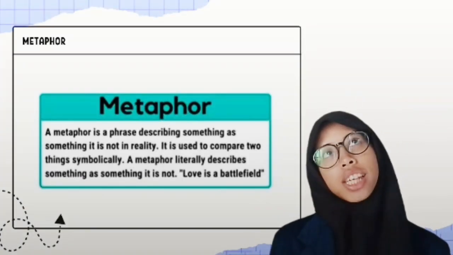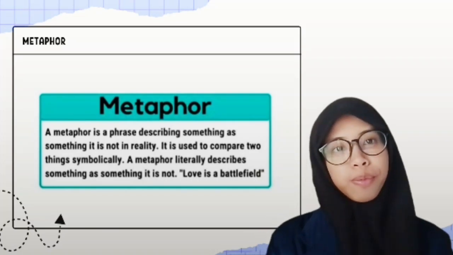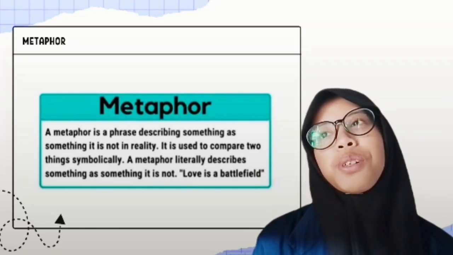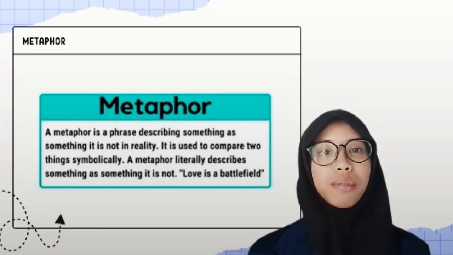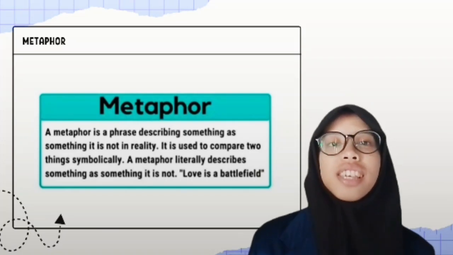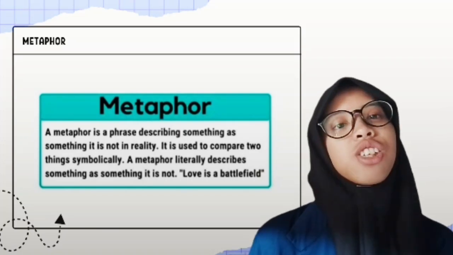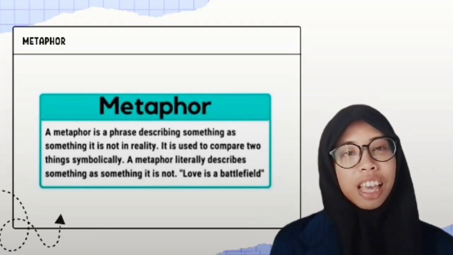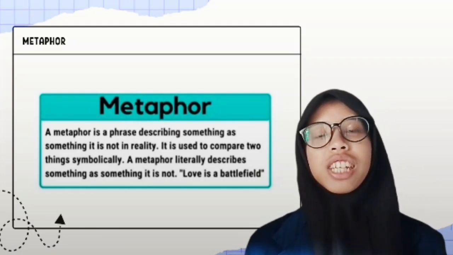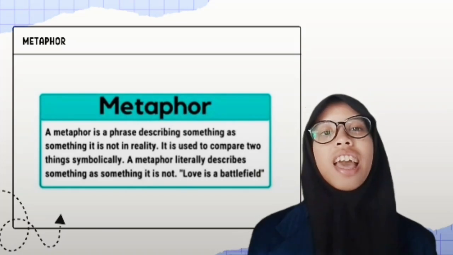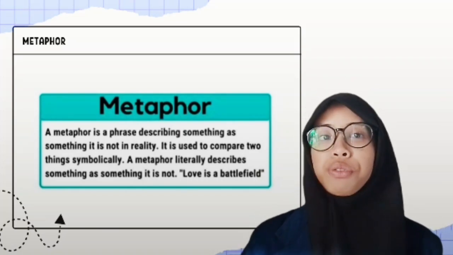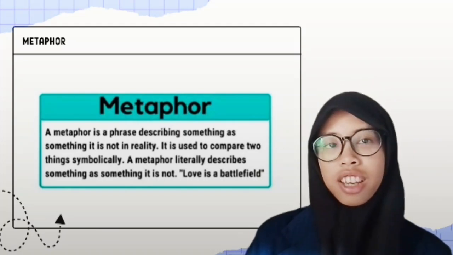Now let's talk about metaphor. A metaphor basically is a phrase describing something as it is not in reality. It is used to compare two things symbolically. So a metaphor literally describes something as something it is not. For example, love is a battlefield.